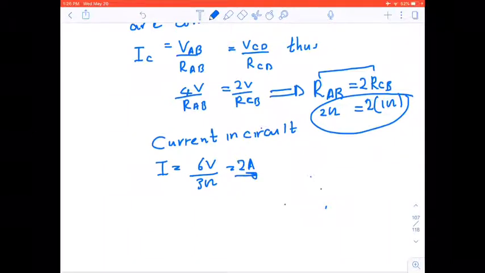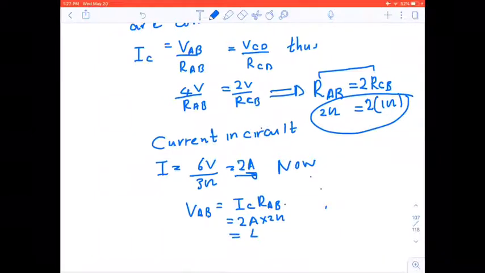Right. So now if 2 amps is my circuit current and I want to know what is my voltage drop across that, I can do that, I'm just showing you, which says now V across AB is equal to I in the circuit times RAB, which would then mean 2 amps and the resistance is 2 ohms.